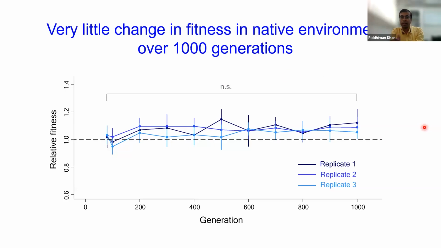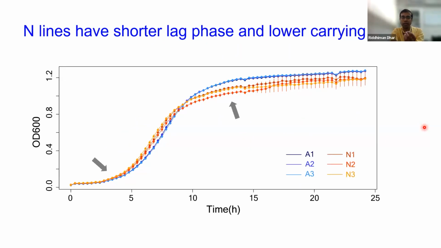Now, as we measured this competitive fitness at just one time point, we still want to do the growth curve analysis. The y-axis is the absorbance and the x-axis is time. What we see is very interesting: there is some sort of adaptation, although not a lot. We see a slightly shorter lag phase in these neutrally evolved lines, but the carrying capacity, the saturation, is reached at the same level.